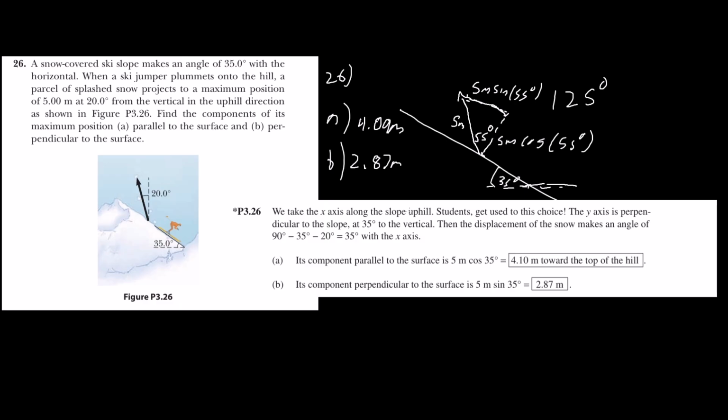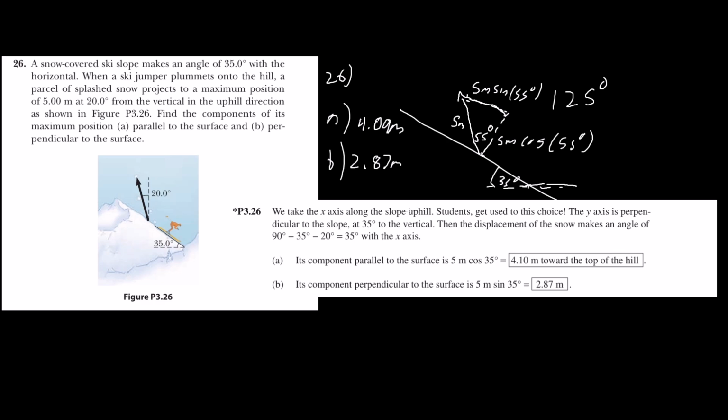Whatever, it gets the same results anyways. So apparently 5 cosine of 35 degrees is the exact same thing as 5 sine of 55 degrees. Oh wow, they do match.